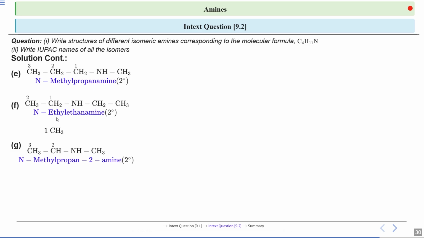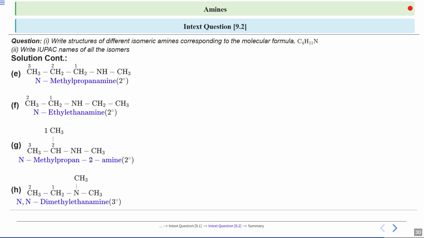If I take this as the parent chain, 1, 2, 3, this methyl group is directly bonded to this nitrogen. So this will be designated as N-methylpropan-2-amine. 2 indicates the position of this NH group. And this is a 2-degree amine because this nitrogen is bonded with 1 hydrogen and 2 carbon atoms.